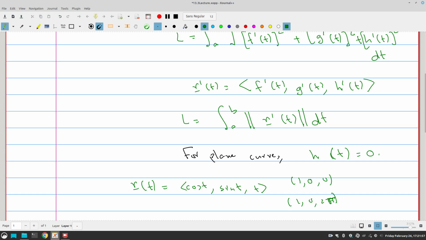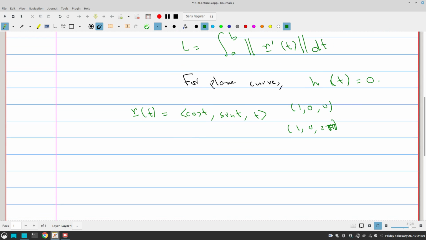The first thing you do is figure out the t values at each point.